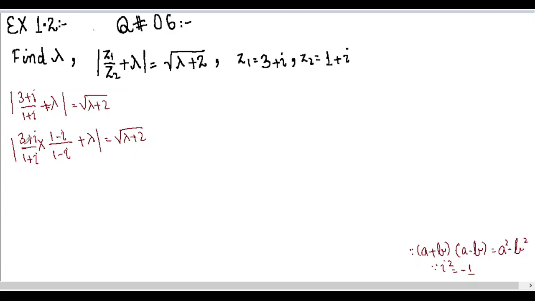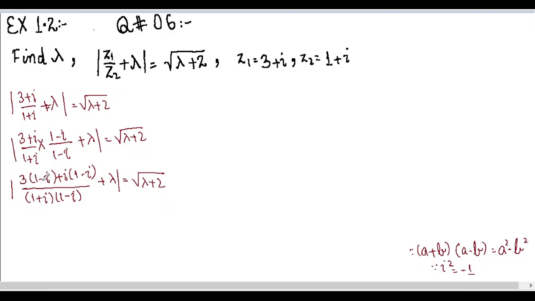Now in the next step we have to multiply these two terms, so we get 3 into 1 minus iota plus iota into 1 minus iota whole divided by 1 plus iota into 1 minus iota plus lambda whole in modulus equals square root of lambda plus 2.